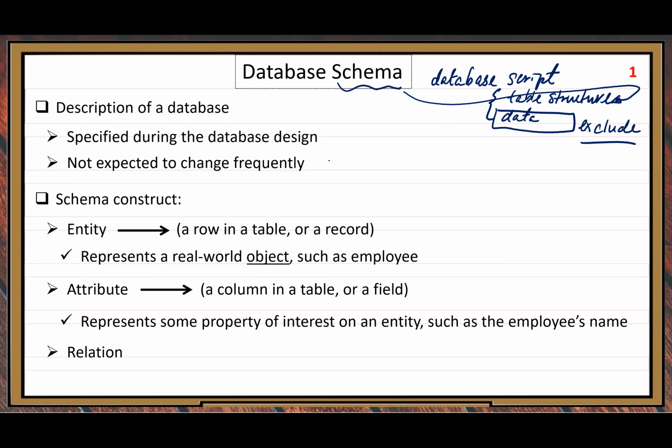Relation, in our database concept, is a table. That's the official, academic name, because this database theory originally started in academia.